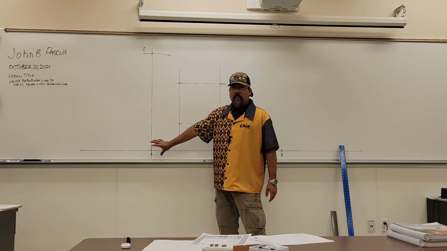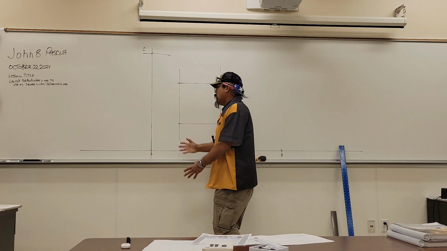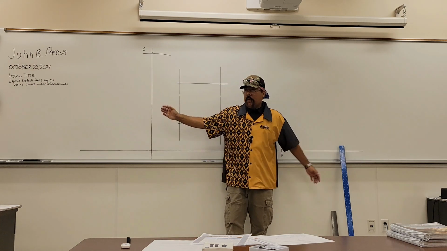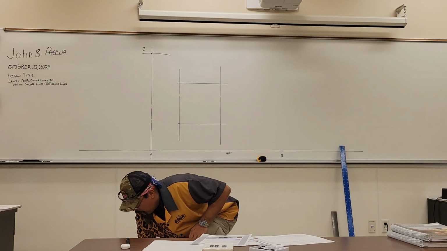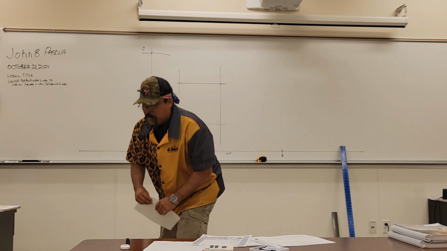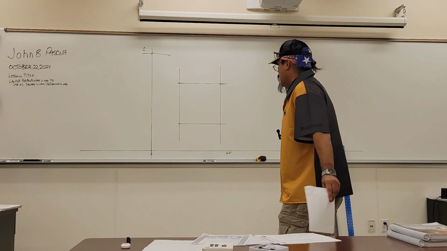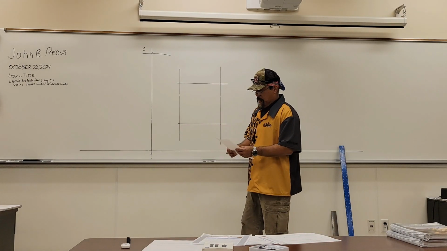So if we have 90 degrees here and it's done correctly, theoretically, these lines can extend all the way across the universe and continue to be 90 degrees in all four corners. So that's the 3-4-5 method to lay out reference lines.